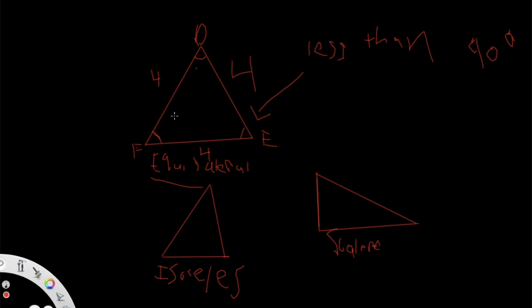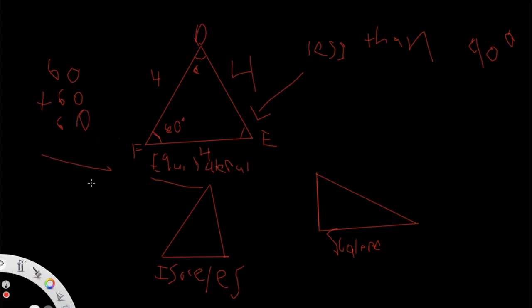And an equilateral has 60-degree angles, and they all have to equal 180. So 60 plus 60, and this is not an addition video, but 60 plus 60 plus 60 equals what?